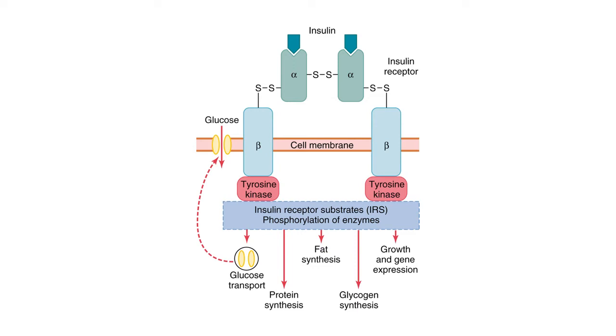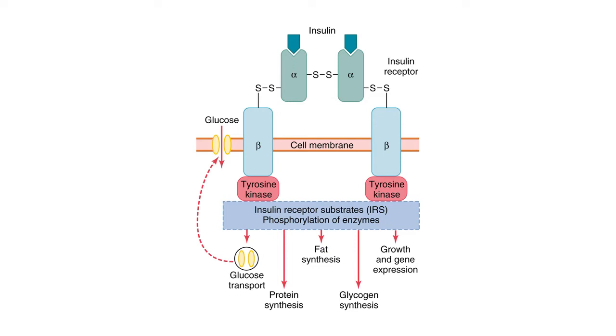Again, insulin binds to the insulin receptor. The insulin receptor, upon binding of insulin, will then activate tyrosine kinase. So, this enzyme attaches phosphate groups to lots of proteins through the tyrosine amino acid component of those proteins.